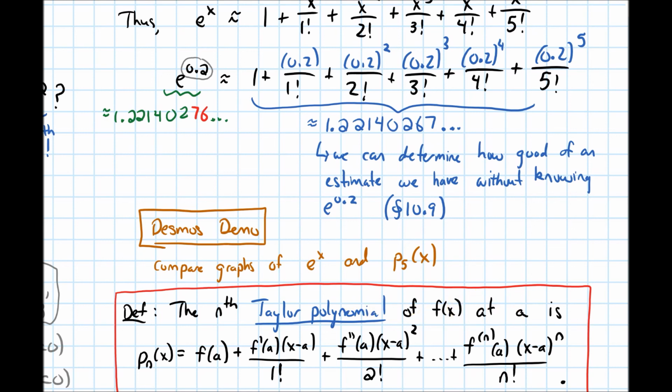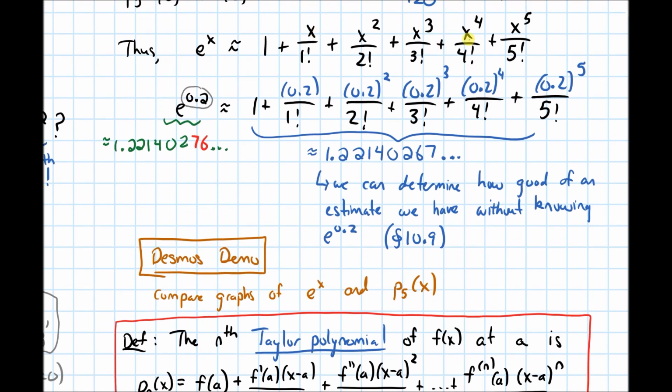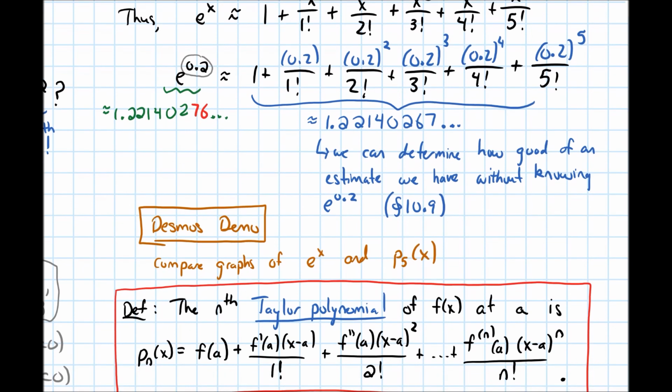So the definition for that is, I'm going to call this Pn of x to indicate its degree n, and it has a form that's really similar to the form of this polynomial that we just got for e to the x. You have the value of the function in the front, f of a, plus the first derivative evaluated at a times x minus a over 1 factorial.